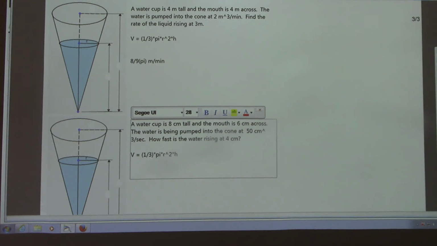And that will give you an answer of 200 over 9 pi, and that should be centimeters per second. I think I got that right.